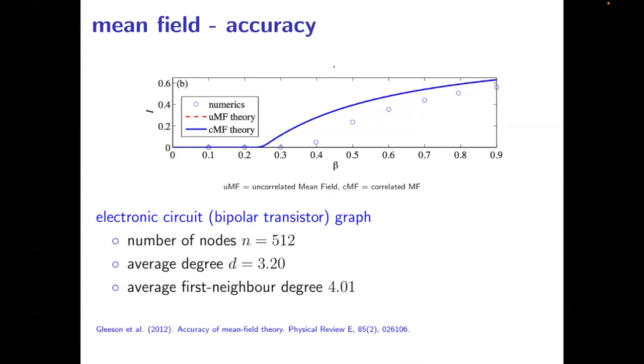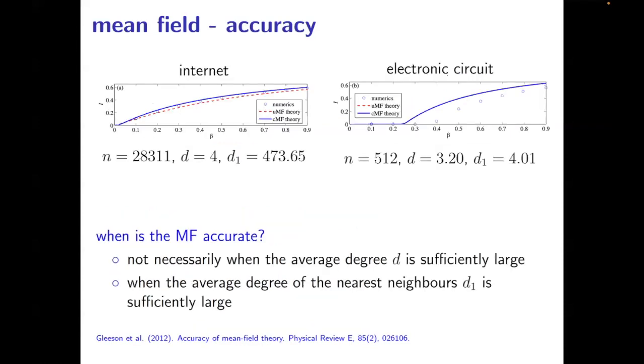So it's not the average degree, but the average degree of the neighbors that seems to be most important. And here you see them both. And you see that there's a huge difference in the degree of the neighbors. That seems to be key for determining whether the mean field can be accurate or not.